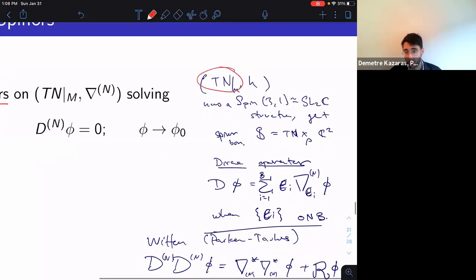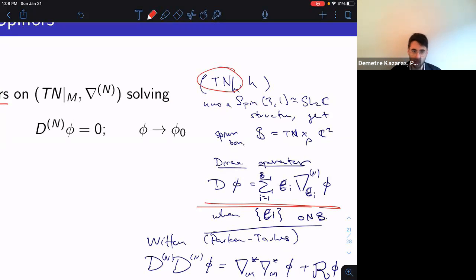A spinor, a section of this bundle, is essentially two complex functions. But that's not so useful. Sections of this bundle have a very significant operator, the Dirac operator. It's a first order operator, as opposed to the second order Laplace operator.